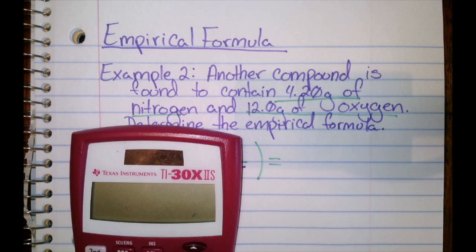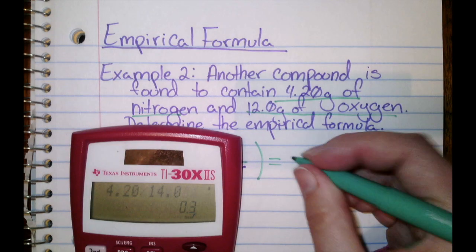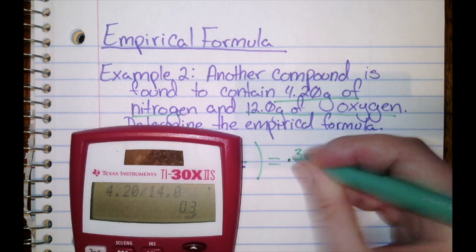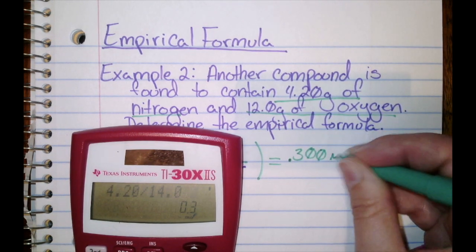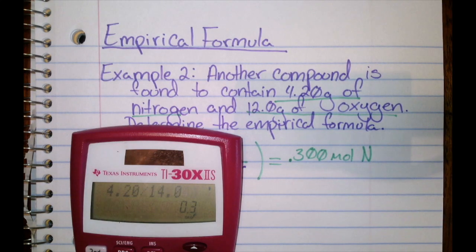So I would take my 4.20 grams divided by the molar mass, 14.0, and we get an answer that's going to come out to 0.300 moles of nitrogen.